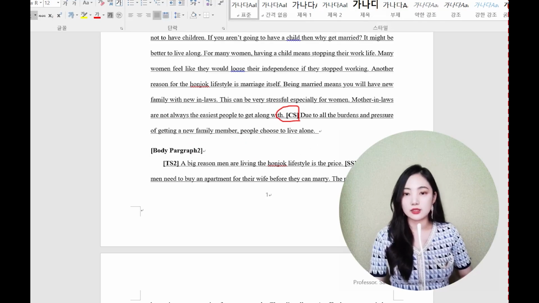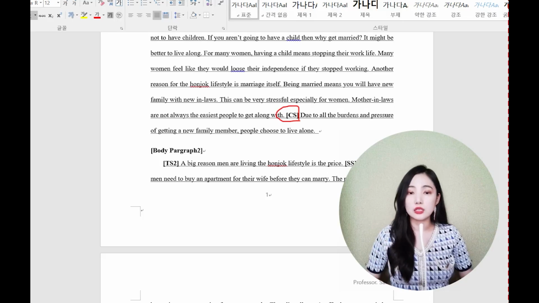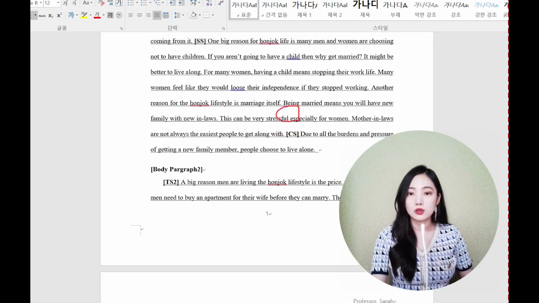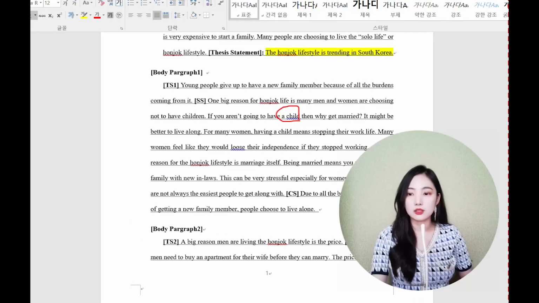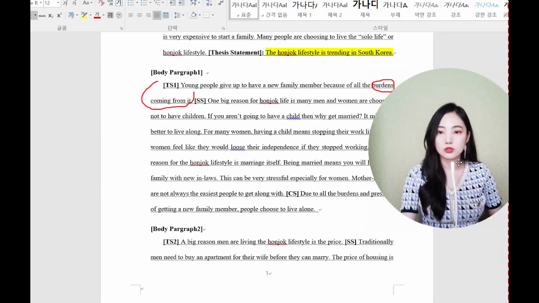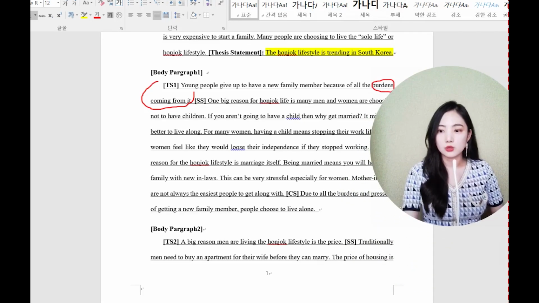So my concluding sentence. Is this a new idea? No, this is actually very related to my topic sentence. If we go back to our topic sentence, many people have Honjo life because of the burdens, right? That's my TS. And if you look into your concluding sentence, all the burdens and pressures, they choose to live alone.